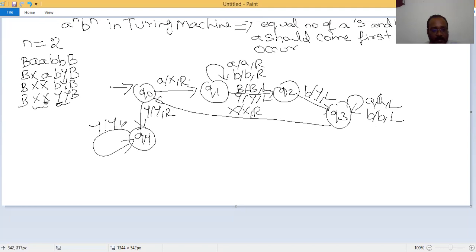Finally it will be the final state: blank is mentioned as blank and stay. So this is how a^n b^n can be performed. You can see here 2 X's and 2 Y's, meaning 2 A's and 2 B's are there. Thank you.